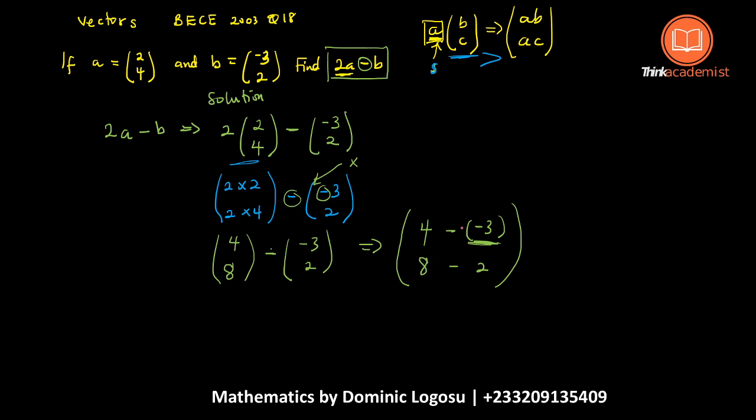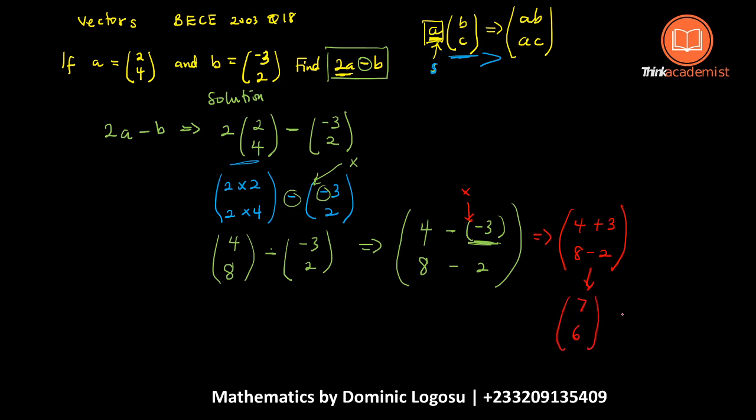So having this, remember bracket means multiplication, so this will be changed to addition. That will give us 4 plus 3, and then 8 minus 2. Solving that will be (7, 6).